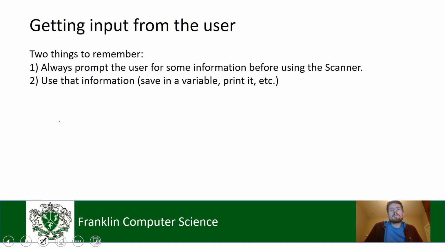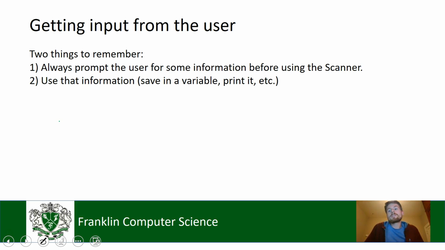You'll always want to prompt them for the information you're interested in before you actually use that scanner method. The reason is so that the user, when they're waiting to type, knows what they should be typing in. You can also give clues as to what the valid things should be. If you're looking for a number, you might suggest some numbers to type in. If you're looking for a word, maybe you suggest what kind of word you're looking for.